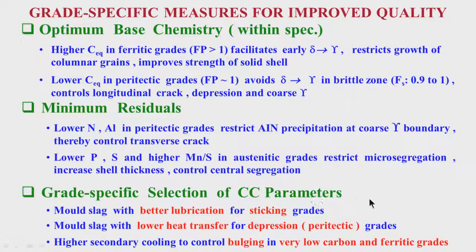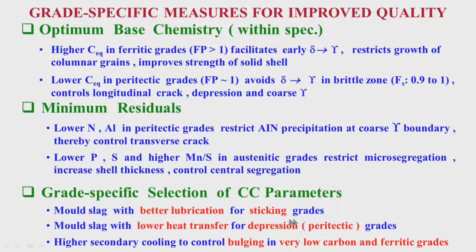So, if you understand the solidification characteristics, then we can know whether it will be depression prone, sticking prone or bulging prone, and understanding that, we can devise the casting parameters accordingly.